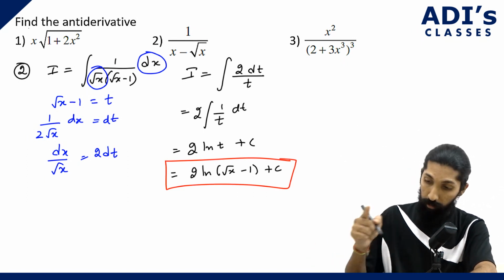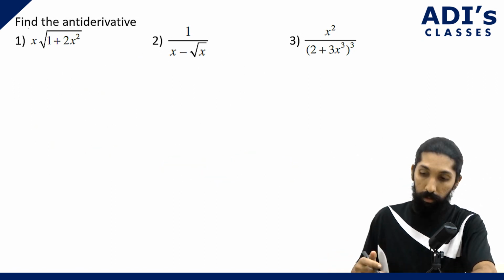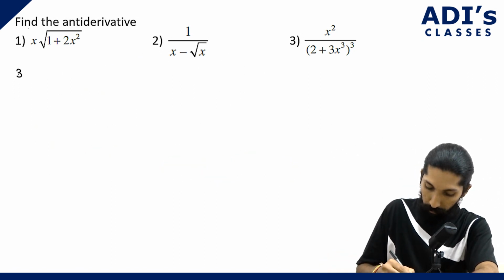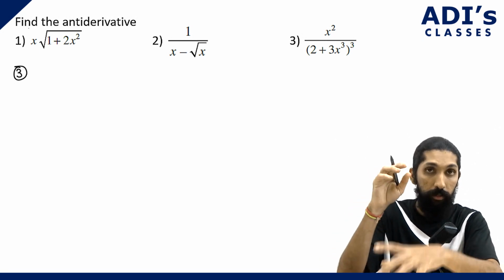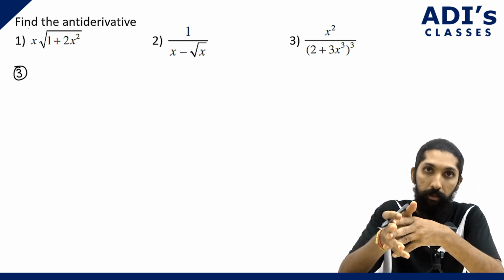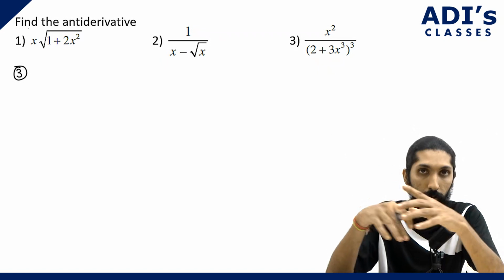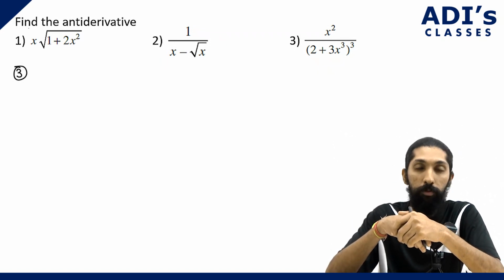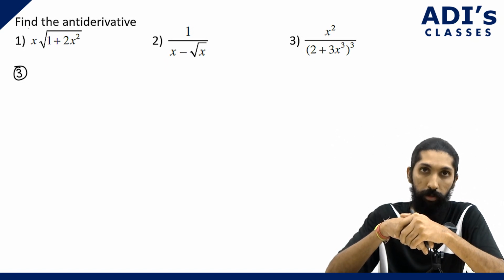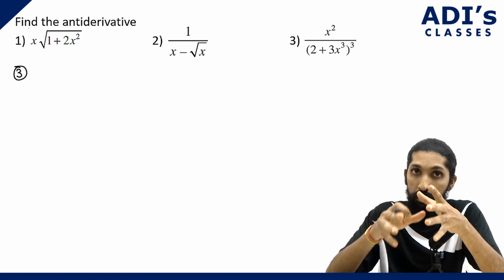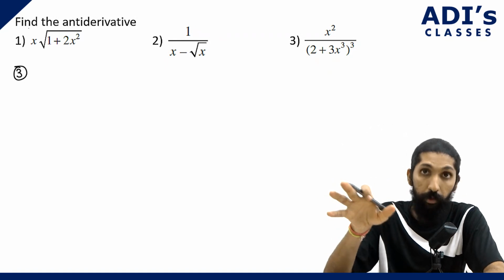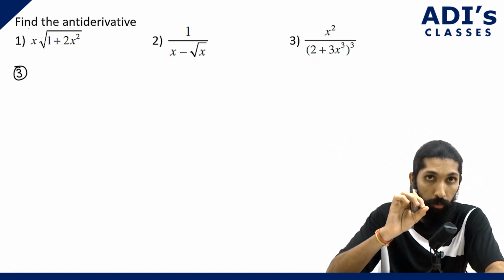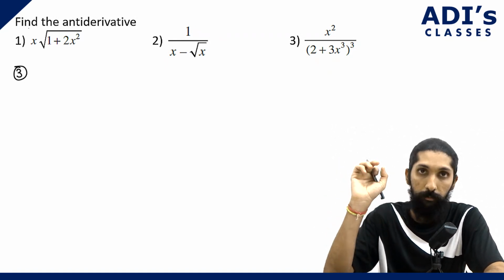All right, let's do the third one now. See the third one. There is an x square in the numerator and there is an x cube in the denominator. So I want you to think a little bit before you start with the substitution. Will you take x cube as t or will you take 2 plus 3x cube as t?